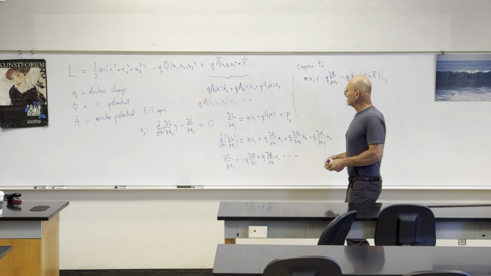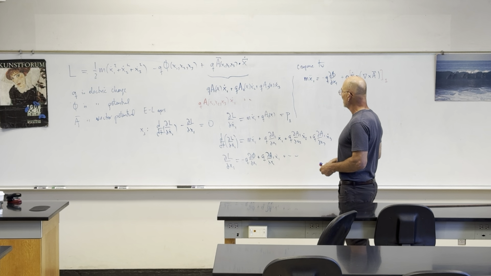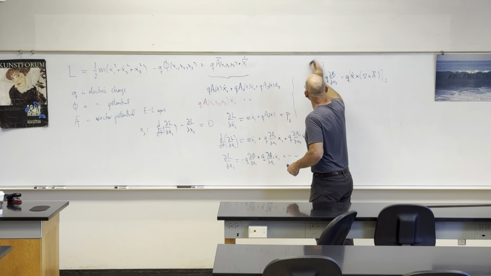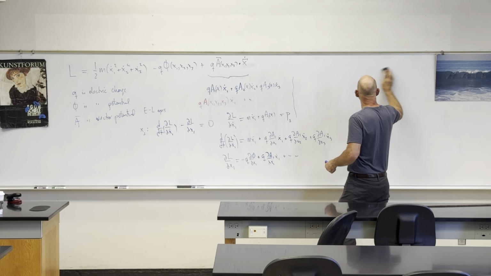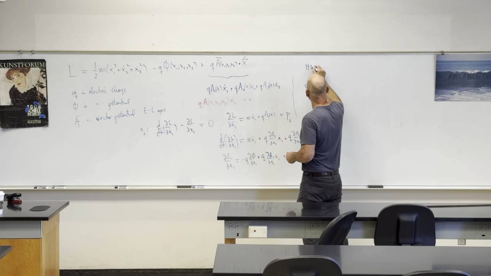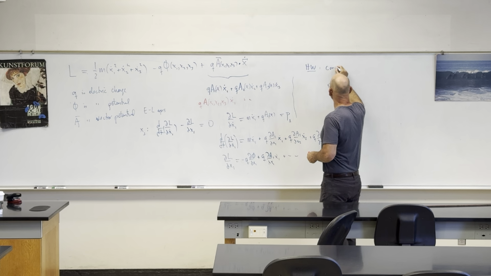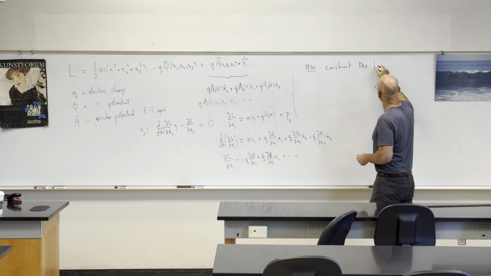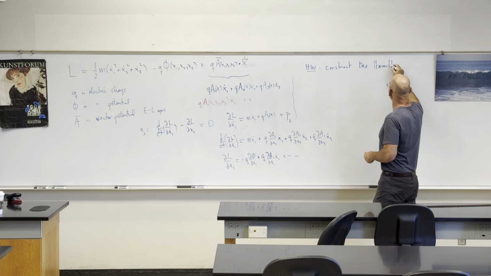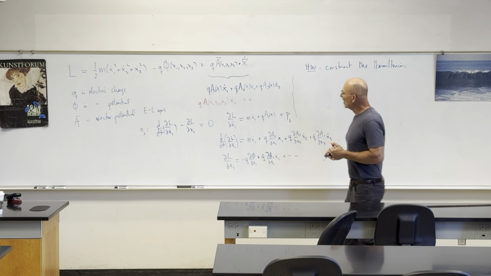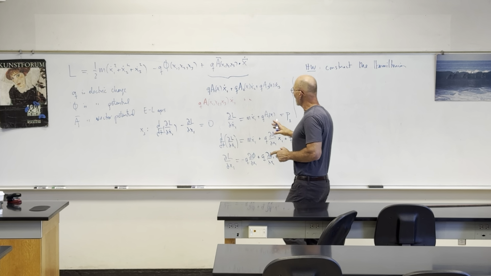So next we need the Hamiltonian. And for that, I'm going to erase this. So this is also homework. Construct the Hamiltonian. And there, you know, we have to do what we always do.